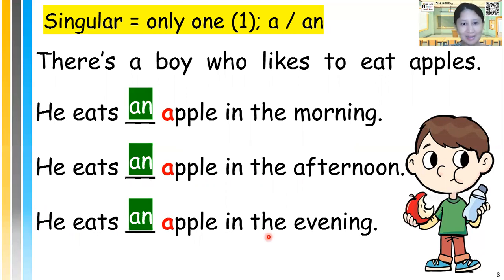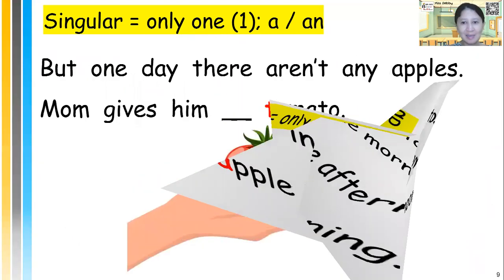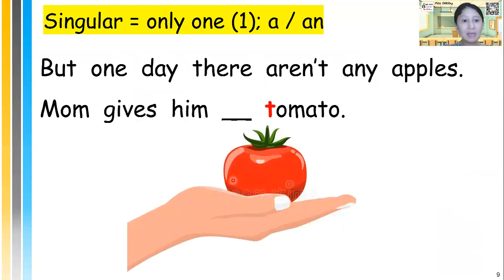Well done. Okay, next. But look at this. But one day there aren't any apples. Mom gives him, what is this? A or an tomato? A tomato, that's right, because tomato begins with letter T, right?